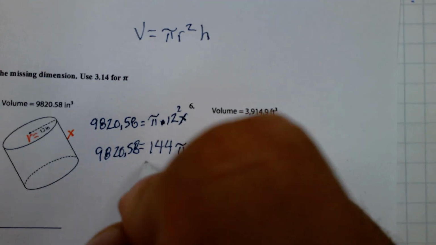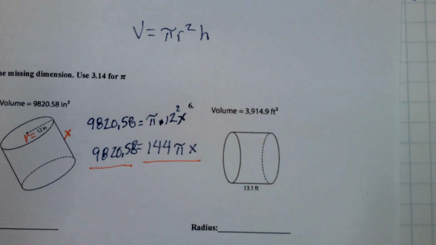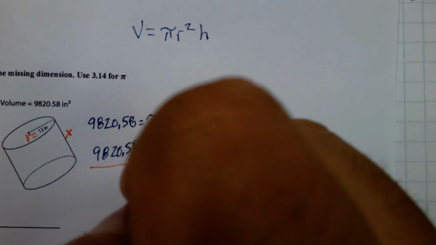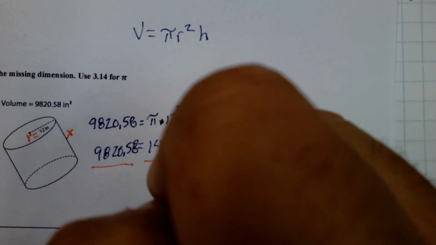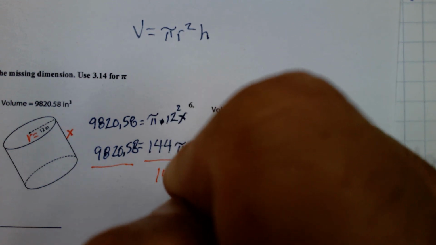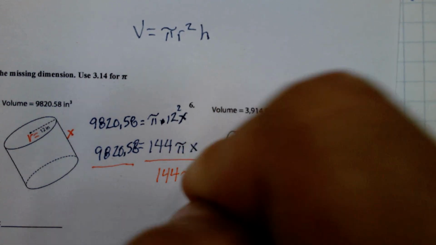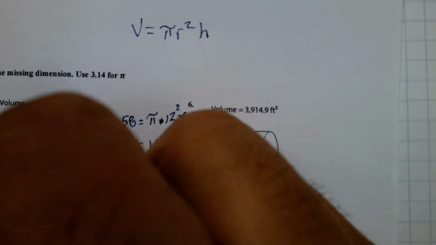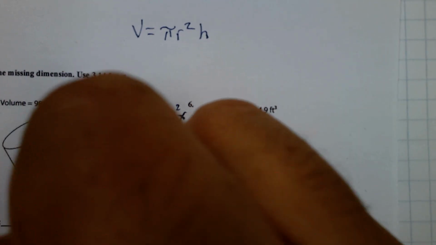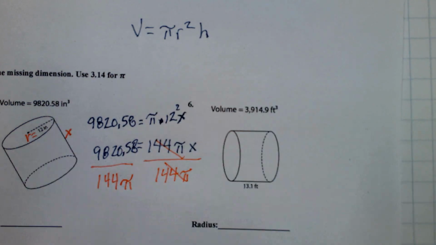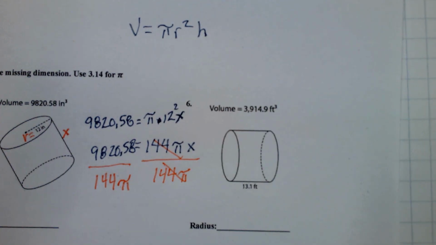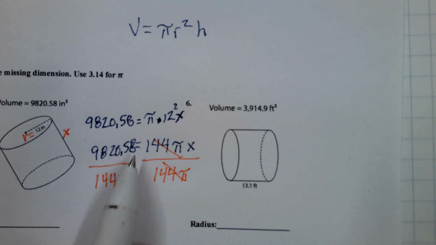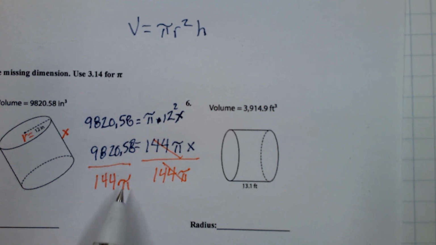What should we divide by? You could do it at any point. I think we'll do it on this step. Okay, so we're going to divide 9,820.58 by 144 times pi.